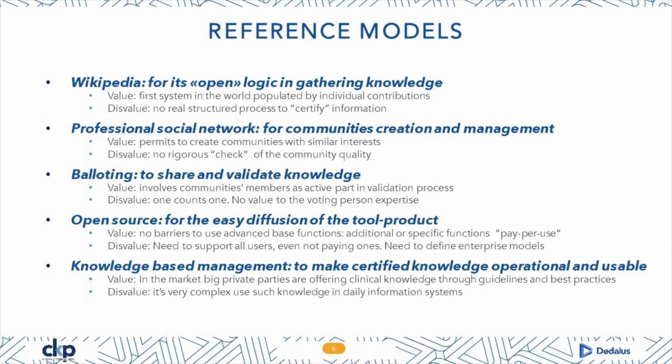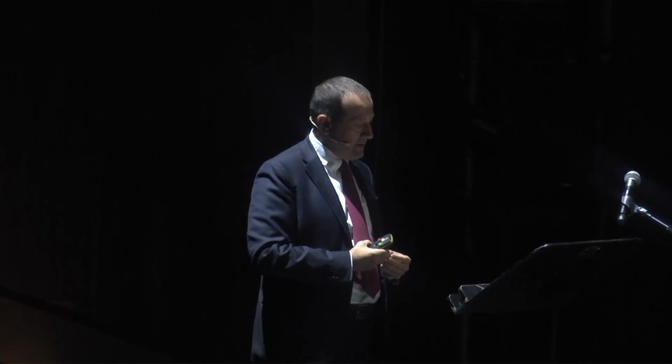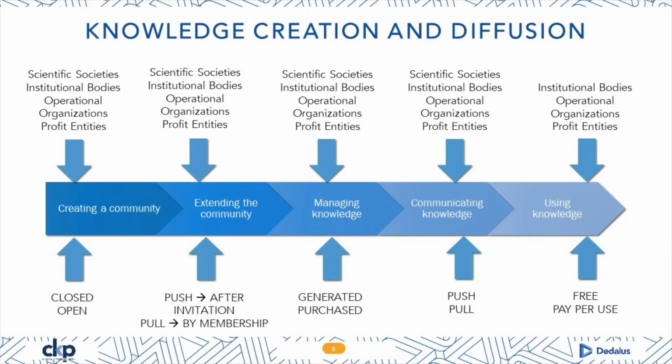A knowledge container tool must contain knowledge, but we will see this in detail later on. The dynamics with which communities are created, scientific and professional communities are managed, and this information is transferred, are not modified by the Knowledge Portal. The dynamics of what happens today when joining a scientific society or working as a hospital operator don't change.